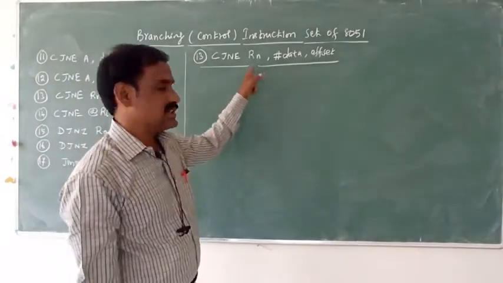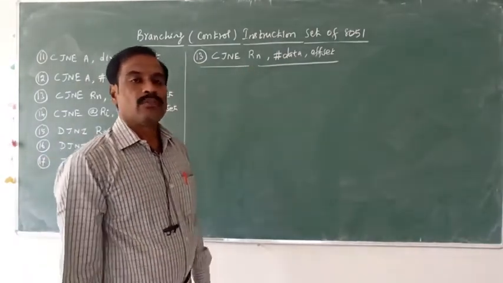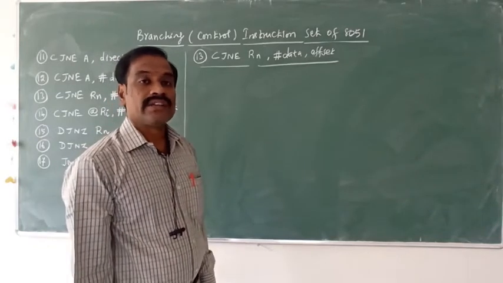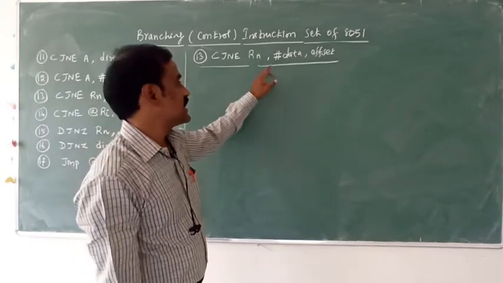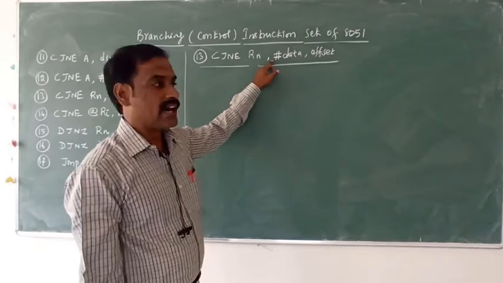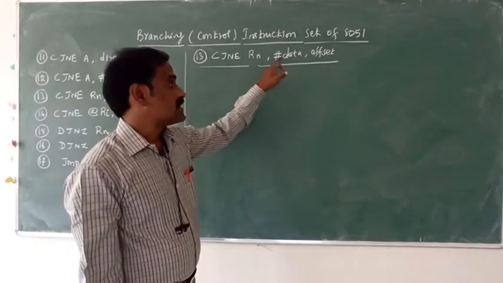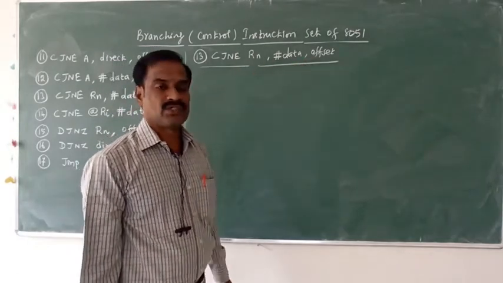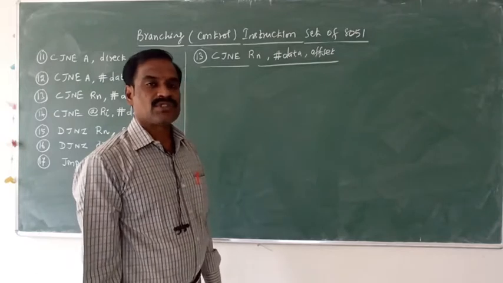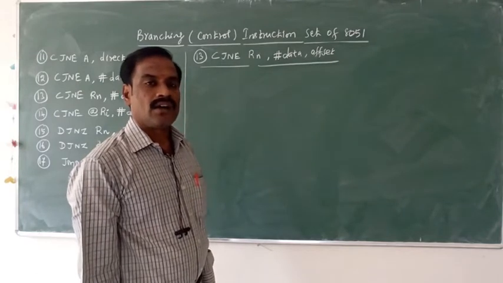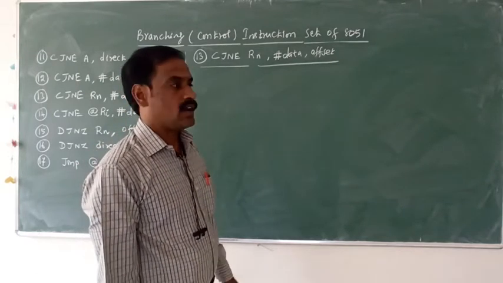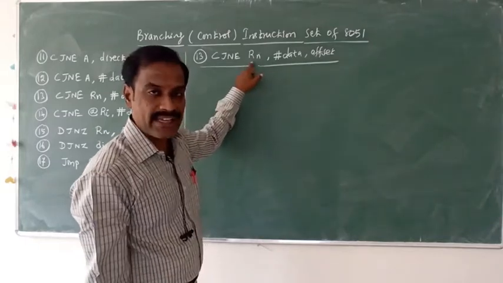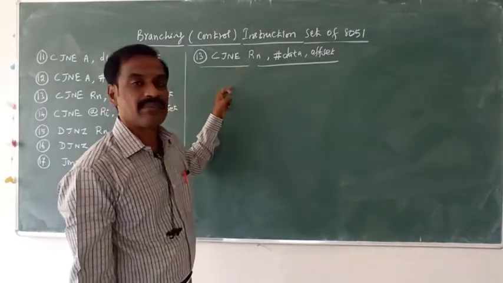Now to compare these two data, if both data are not equal, this condition will be satisfied and jump to the given memory address location. Suppose the both data are equal, now this condition will be unsatisfied and execute the next memory address location of the program.